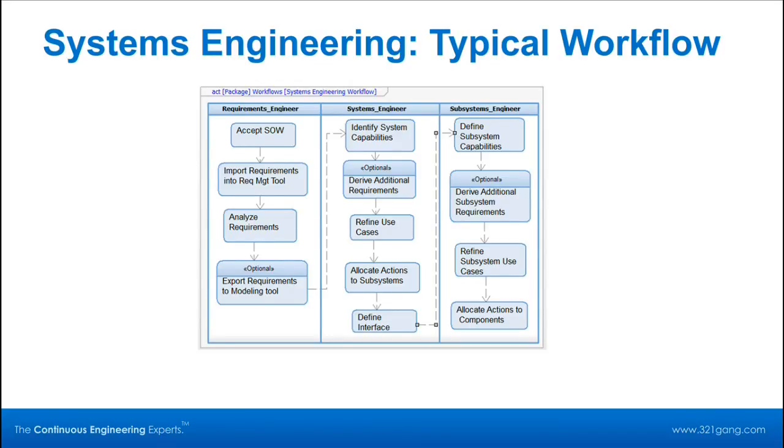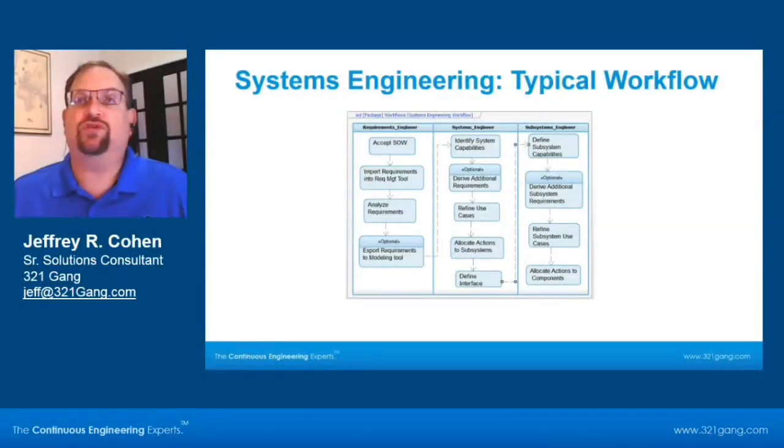In requirements engineering, we're the guys who get the initial statement of work from the customer, the initial customer requirements, and turn them into things that can be used. For groups that aren't getting requirements from the customer, but are rather getting functions and features that are going to go into a product, we're going to do the same thing. We're going to get that feature list, that function list, and we're going to turn those into requirements.